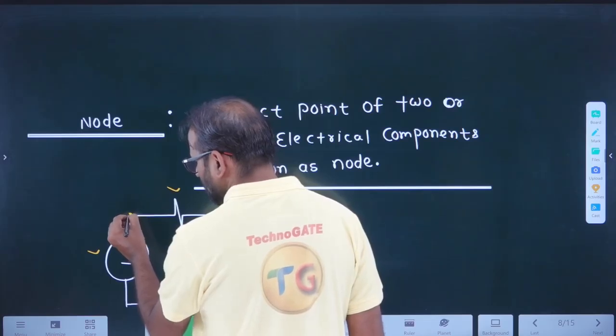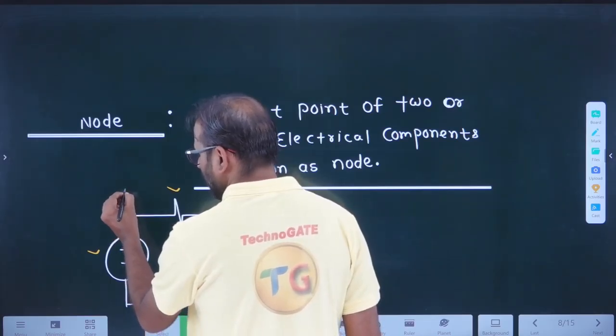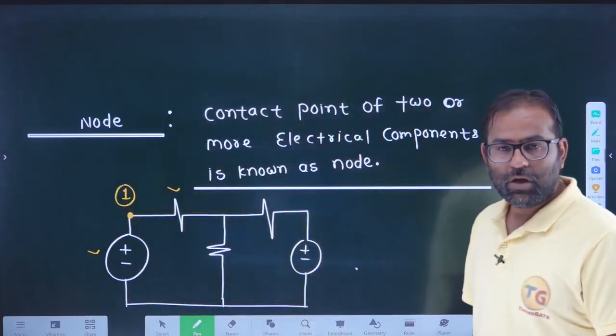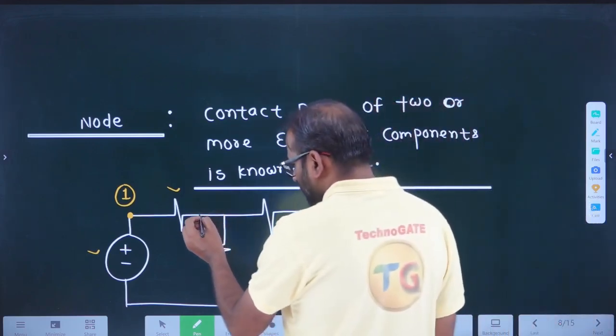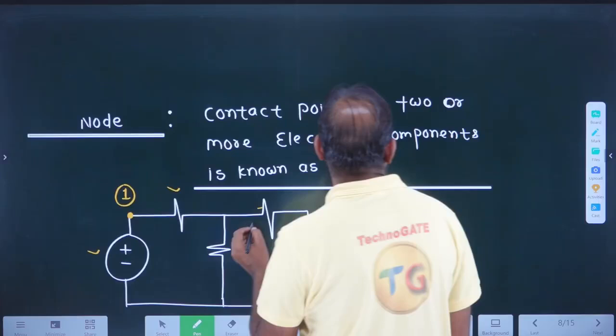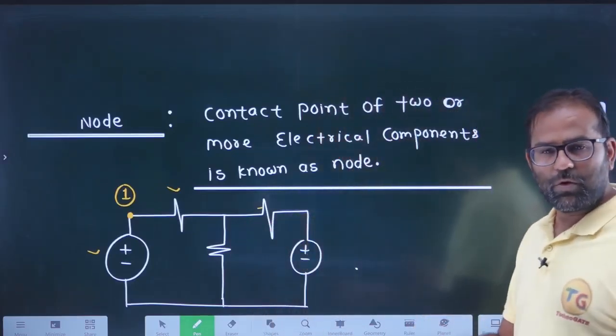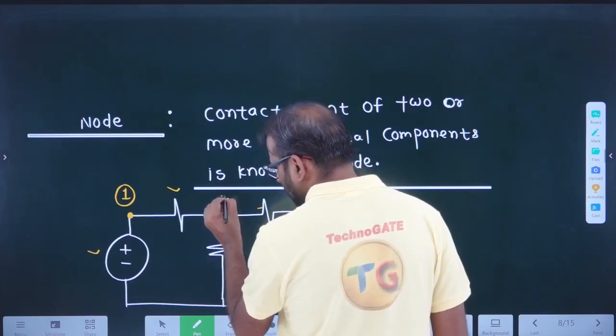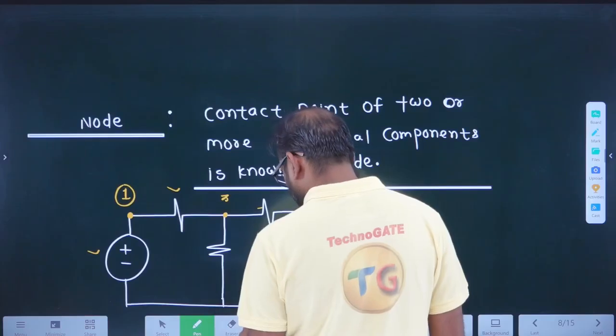So you can call this node number 1. The contact point of two or more electrical components. Here, this is the contact point of three electrical components, so you can call it node number 2.